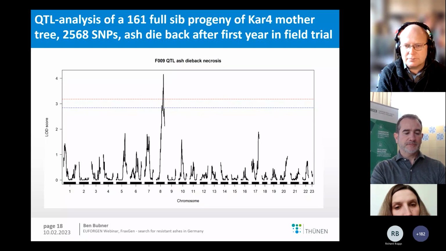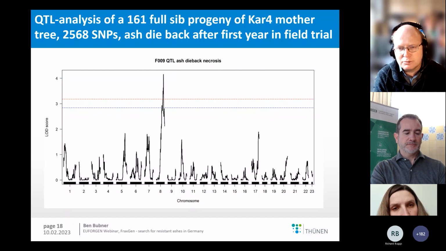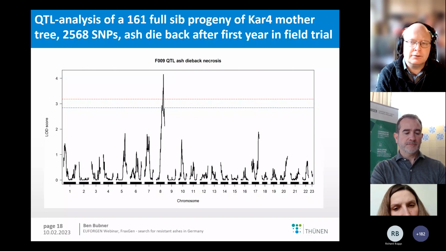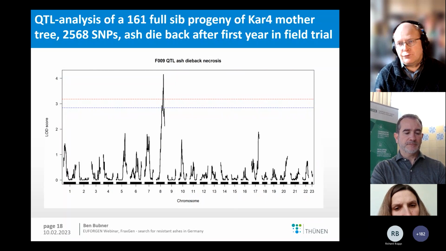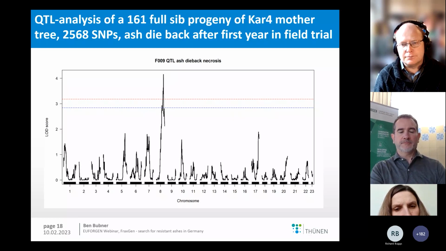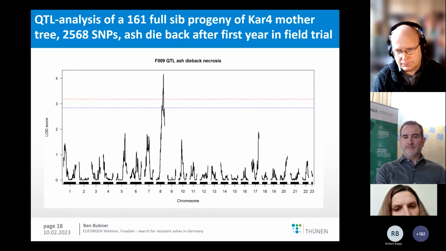And you see that we have a signal at chromosome 8. This is in opposition to what we've seen before with Richard Buggs. I have to say that the phenotyping occurred after the first year in the field trial. So we planted in 2021, the possible infection was 2021, and we screened last winter.